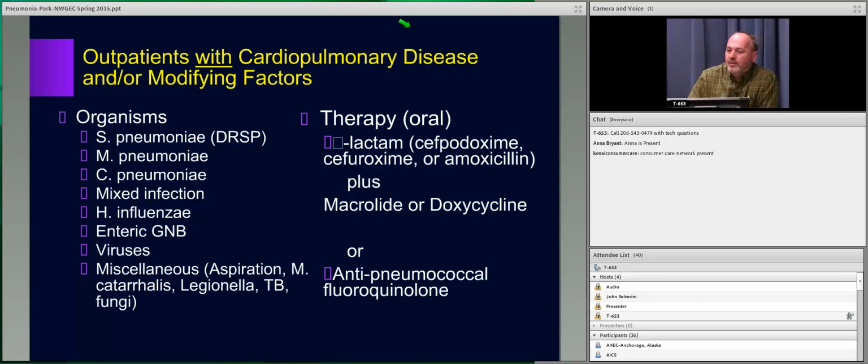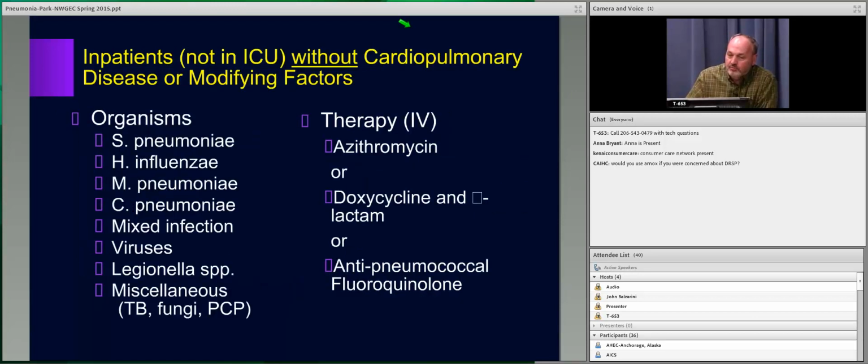And these are, you know, second and third generation cephalosporins or amoxicillin plus macrolide or doxycycline. So that combination therapy is critical when you have risk factors for some of these other pathogens. And then an alternative to that would be just an anti-pneumococcal fluoroquinolone like moxifloxacin.